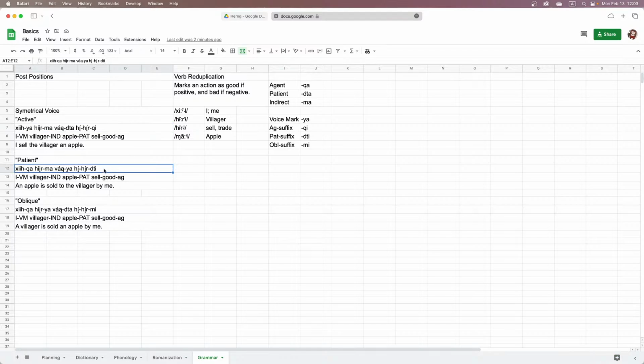And if we go down to the patients, we see the patient marker marks this thing here as the grammatical subject. I think, yeah, and that is where we had left off last time.